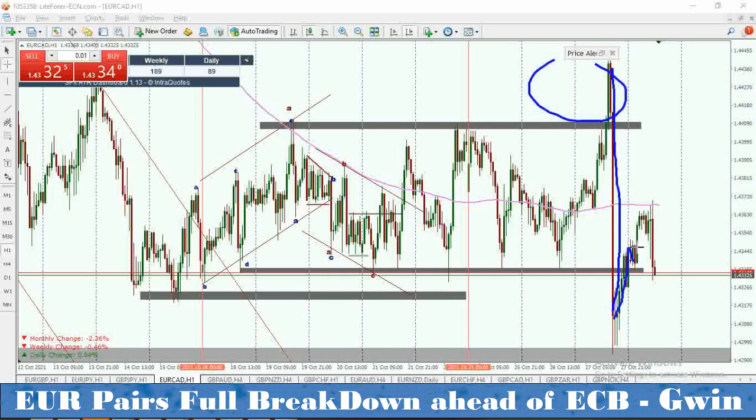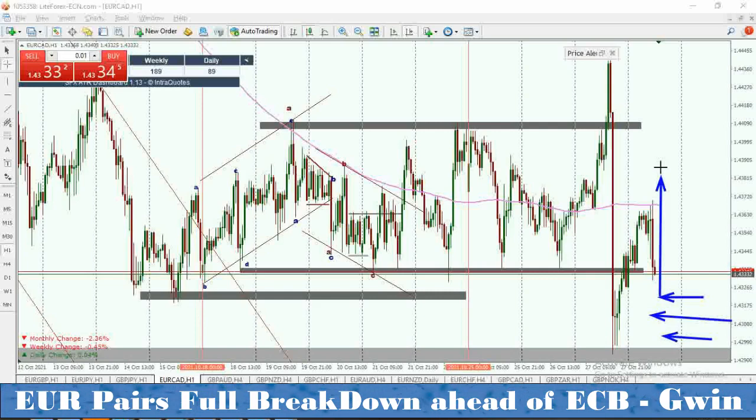So here could be a retracement of this impulse, and price could further continue to the downside. However, if there is a hawkish statement from the ECB today, we might see some life coming back into the euro. So we might also see a push from whatever territory price would retrace into, then move back at least to test this resistance here.